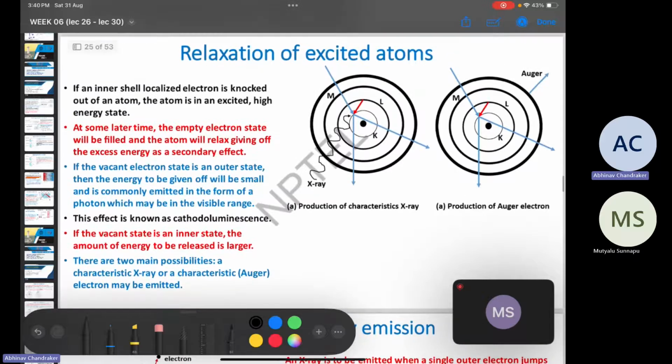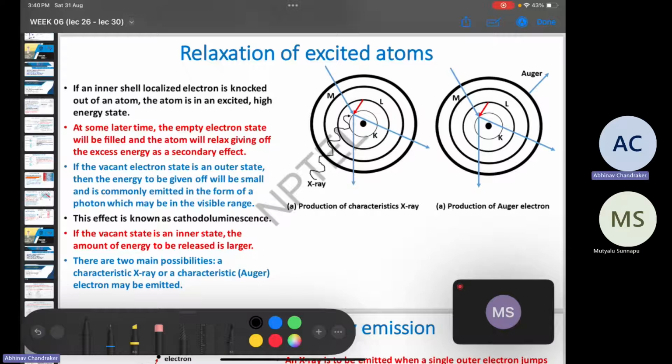Now I had told about excitation of atoms due to electrons in the inner shell getting knocked out, or it can be from the outer shell also. But when an electron gets knocked out from the inner shell, the excitation is much more, since the inner shell has electrons having higher binding energy.